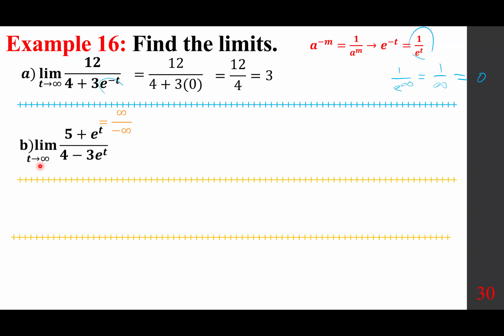When t is approaching infinity, the technique is to divide by the highest value in the denominator, which is e to the power of t. So divide everything by e to the power of t and simplify.